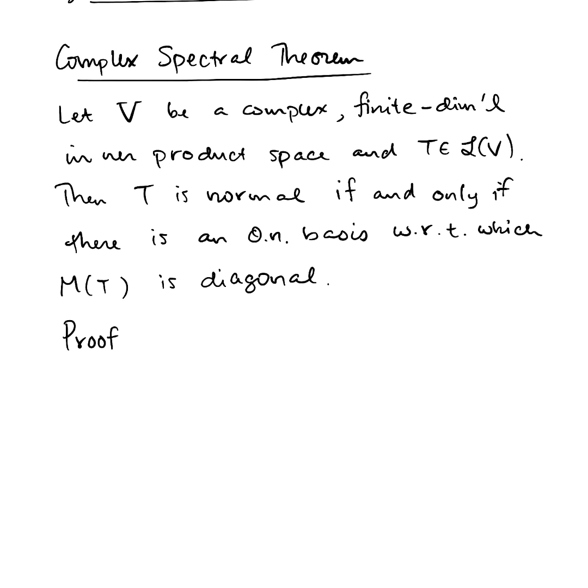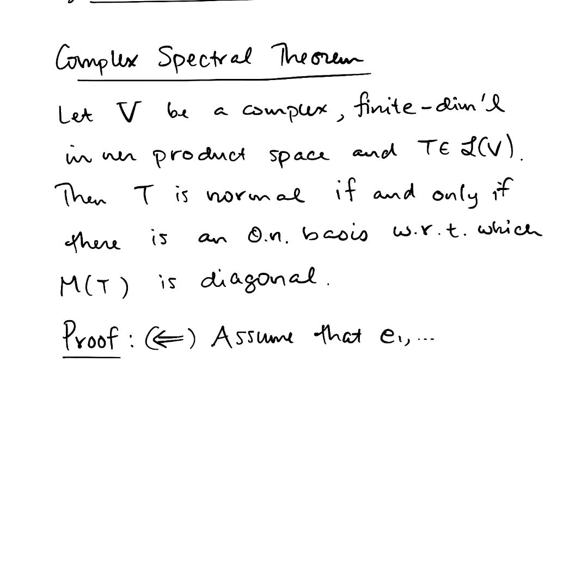Yes, proof. Okay, cool. So I think we're going to do the reverse direction first. We're going to suppose that we have an orthonormal basis with respect to which M of T is diagonal. And that's a huge supposition right there, so it doesn't surprise me that we should be able to draw a fairly big conclusion from it.